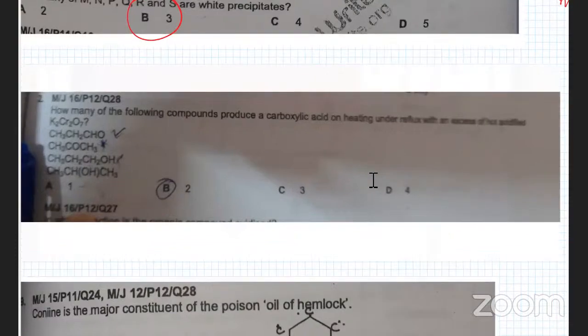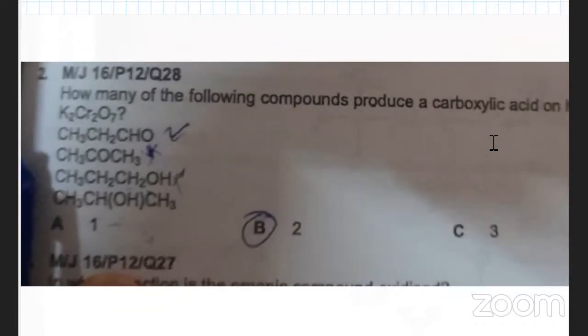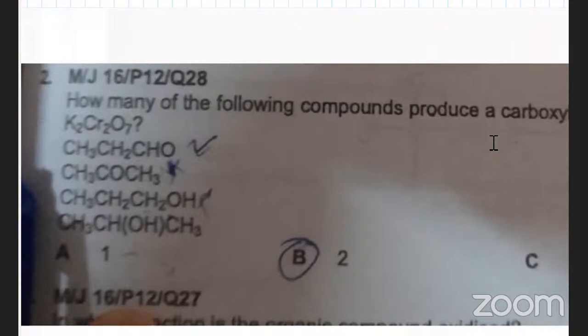As the next one, how many of the following compounds produce a carboxylic acid on heating under reflux with an excess of hot acidified K2Cr2O7? The answer is 3. Under reflux, you're oxidizing it. First one, will it produce a carboxylic acid? Yes.